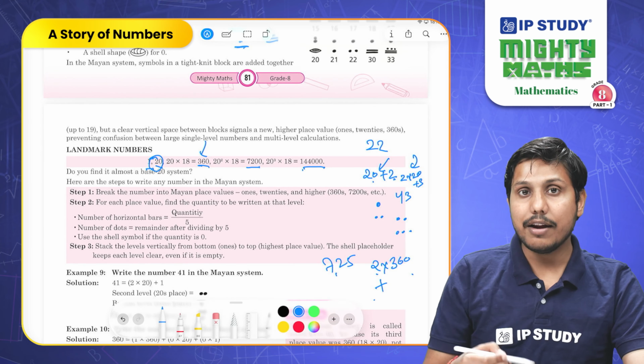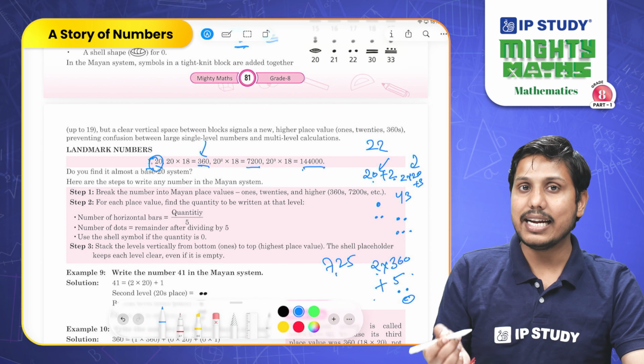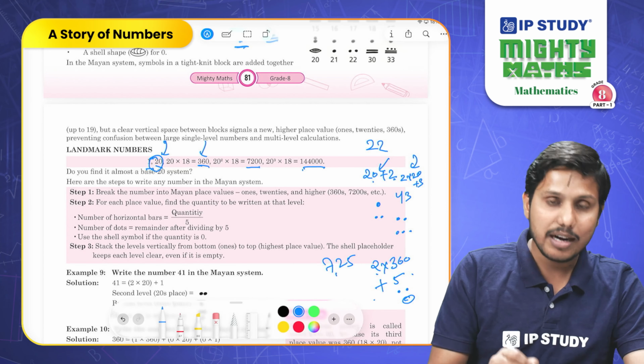Then we put a shell because there is no number to indicate the 20 landmark symbol. So we'll use the first landmark number to write the 5. So we'll use 5 dots or a single line, which is used to tell that it is a 5, to represent 725. So the number in the Mayan number system will look like this: 2 dots, a shell and a line.